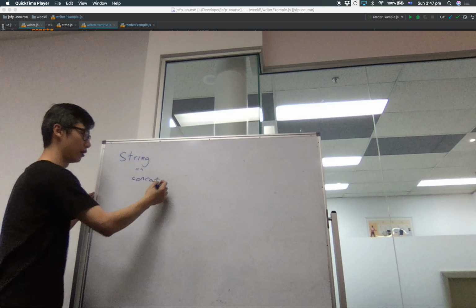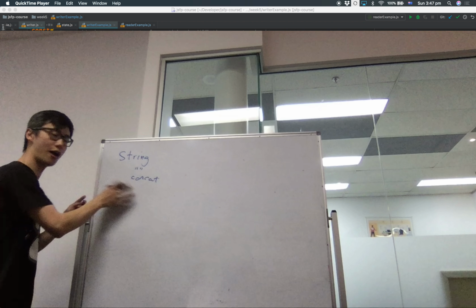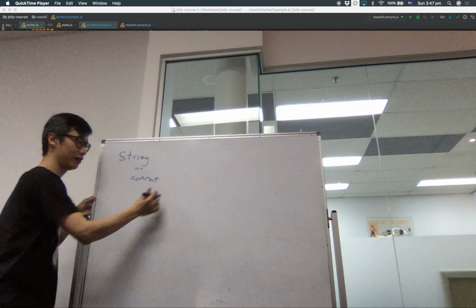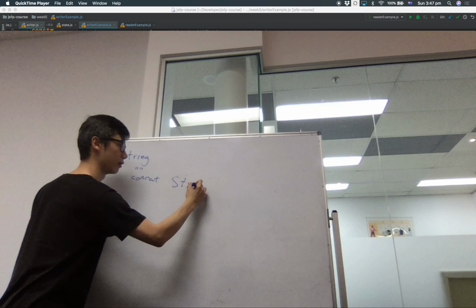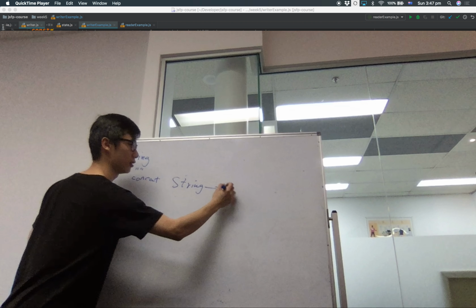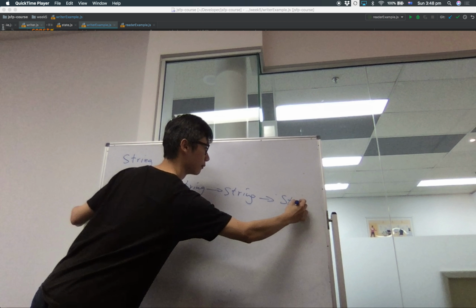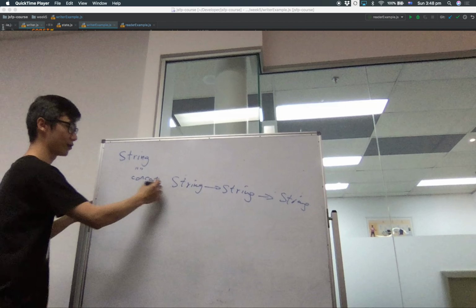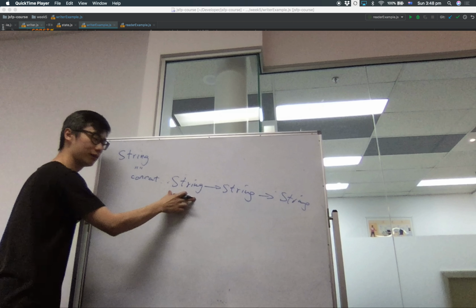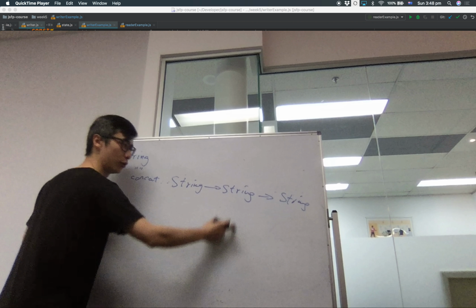That means the type signature for this method is string to string to string, right? I'm writing Haskell syntax, but it takes a string, takes another string, produces a string.